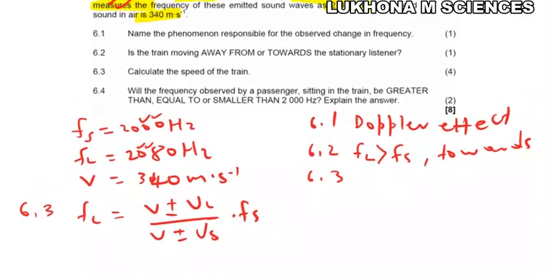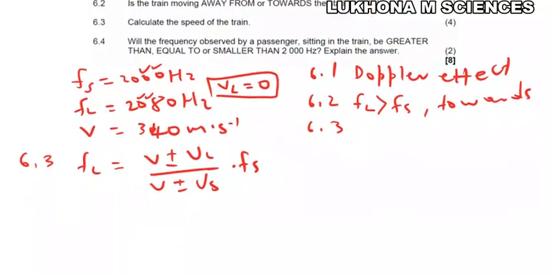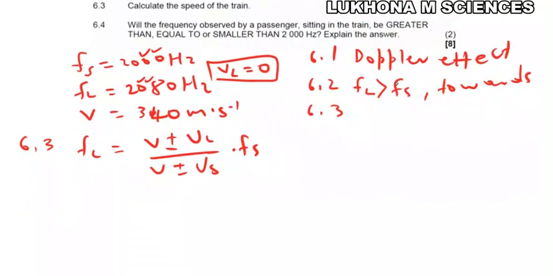The listener is stationary. So when the listener is stationary, VL is equal to 0. Then we say the sound source is moving towards.